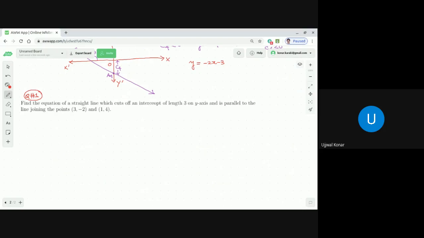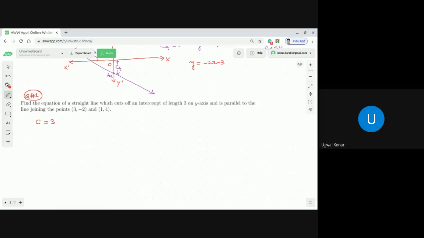So the moment we read the first line, dear students, find the equation of a straight line which cuts off an intercept of length 3 on the y-axis, this says that c is equal to 3. There is no doubt about it, because positive is also given.